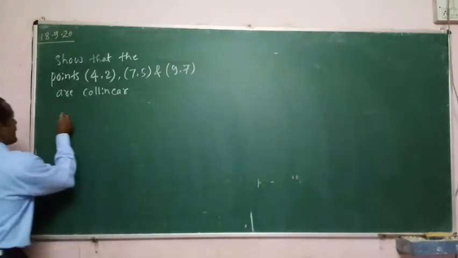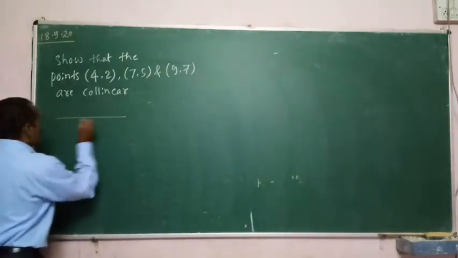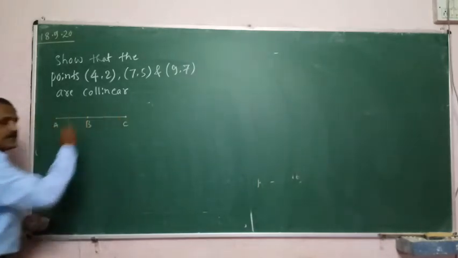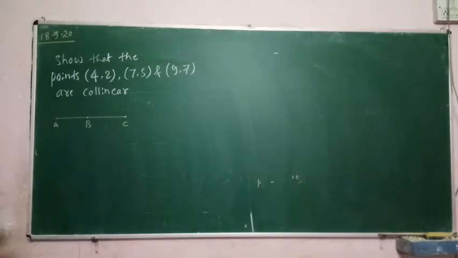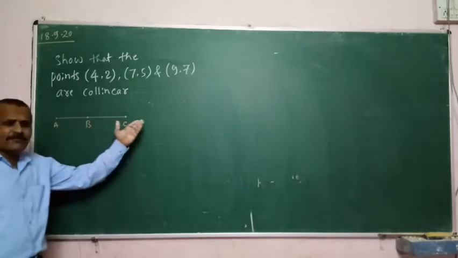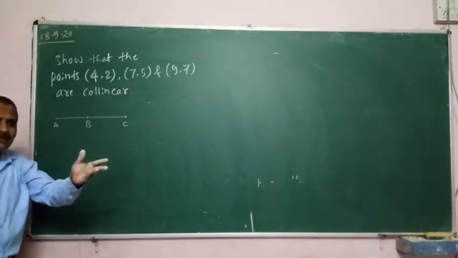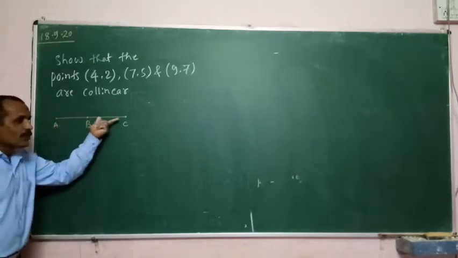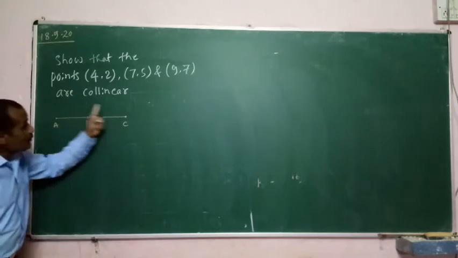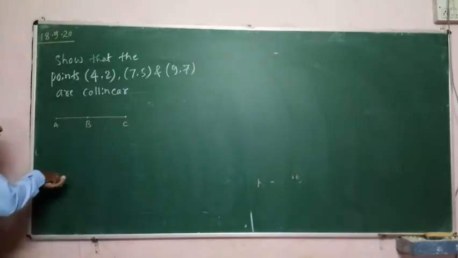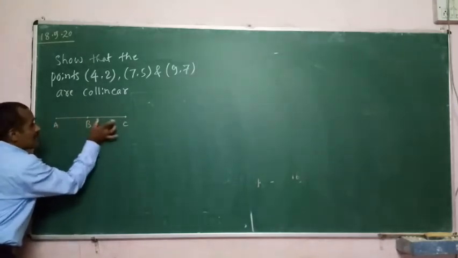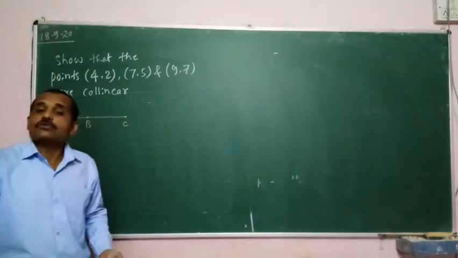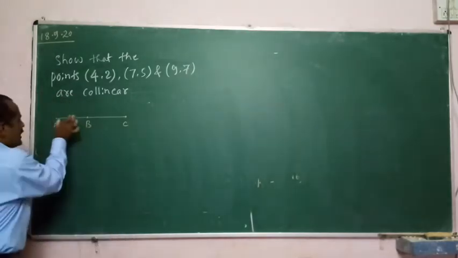I will take one point as A, one point as B, one point as C. To prove they are collinear, I should find the length of AB, the length of BC, and the length of AC.